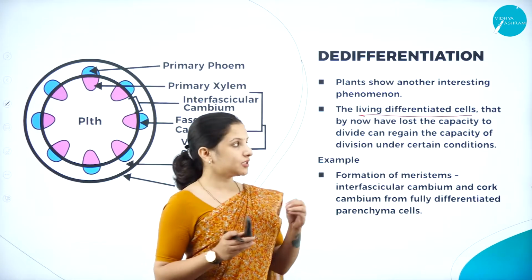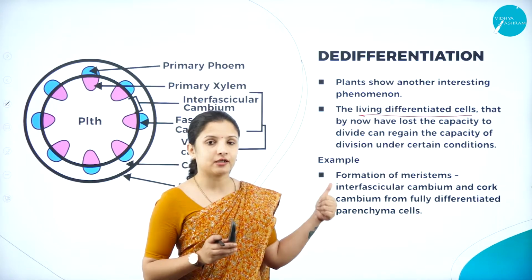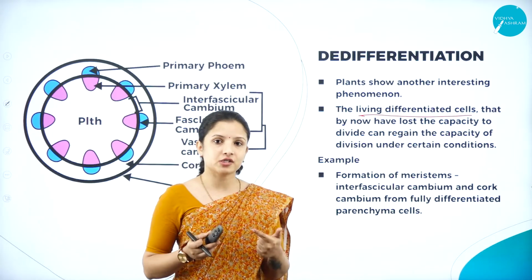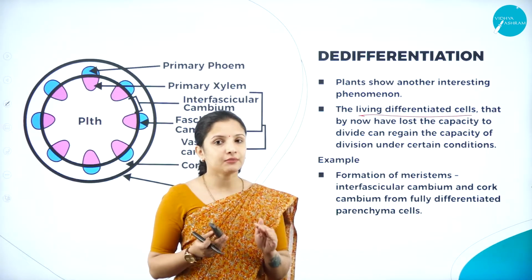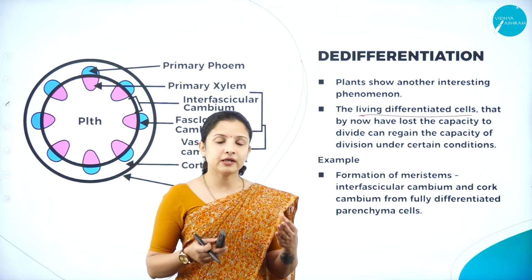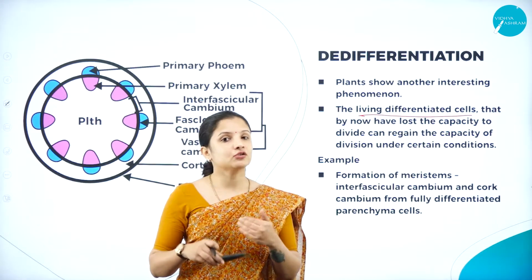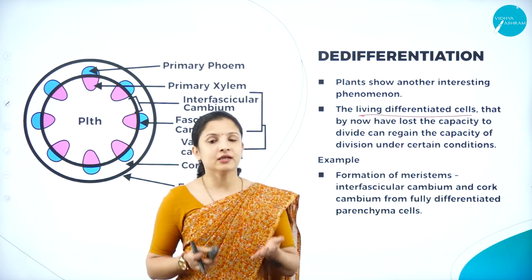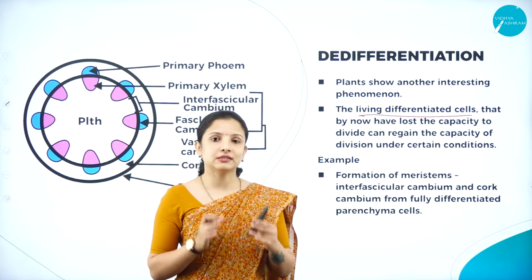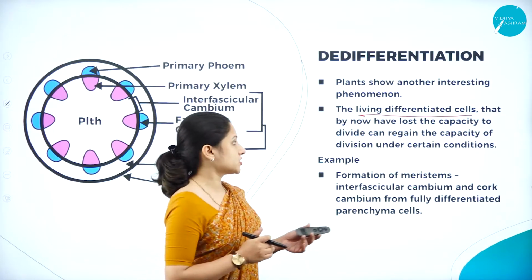In the previous case, the cells were differentiated. Those cells which had differentiated lost their capacity to divide for some time. But after some time, they again regain their capacity to divide and differentiate. Such cells are called de-differentiated cells, and the phenomenon is called de-differentiation.